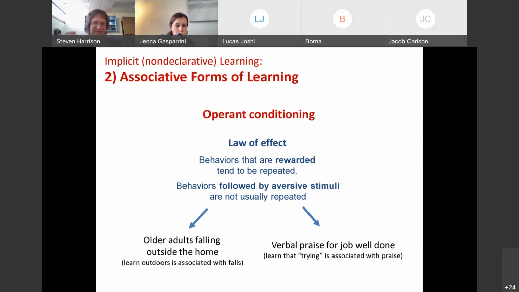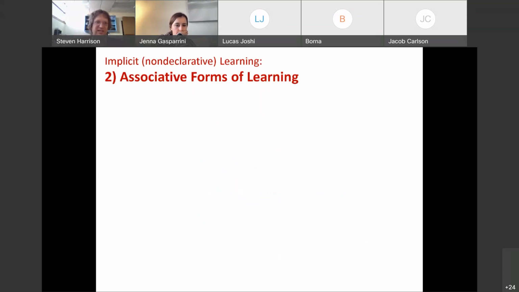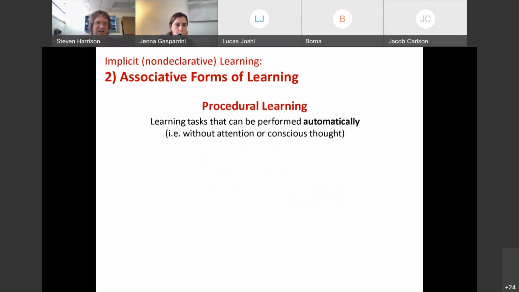So praise at a fundamental level, and we'll talk about this when we're talking about feedback, is potentially a really valuable part of what it means to organize training.